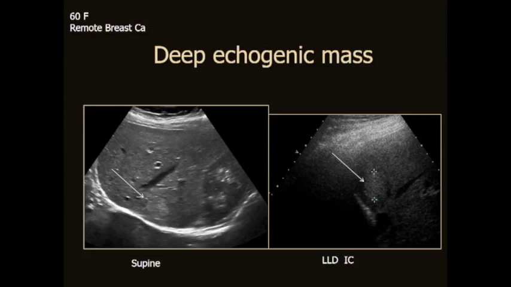We don't want to do her contrast in the supine position because of the depth of that lesion from the transducer surface. But on the right image, we can see that when we place the patient in left lateral decubitus position and come intercostally, we can see this lesion at only half the depth of its original space. So that is where we will position the patient to do the contrast injection.